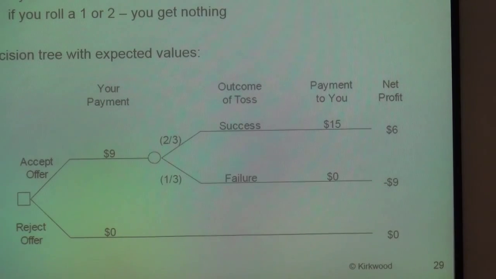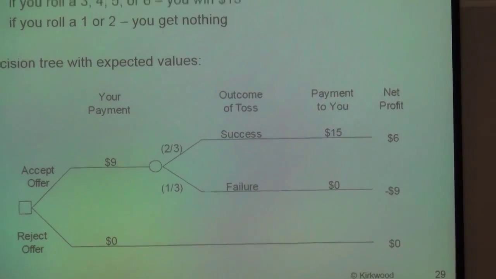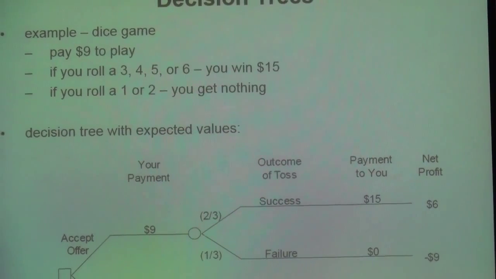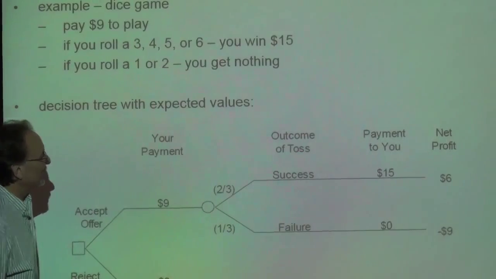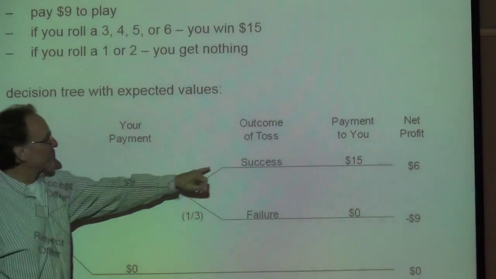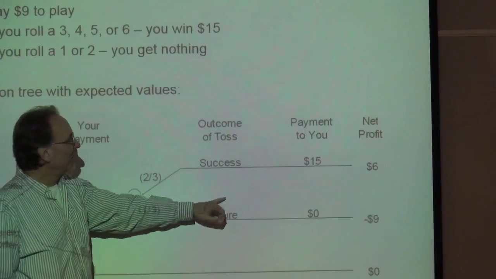You accept it because you think, if I roll a 3, 4, 5, or 6, since that's 2 out of 3, I'll get $15. But if I roll a 1 or a 2, that's only one chance out of 3, I don't get anything. I've lost $9. So the probability at this chance node is 2/3 success, 1/3 failure.